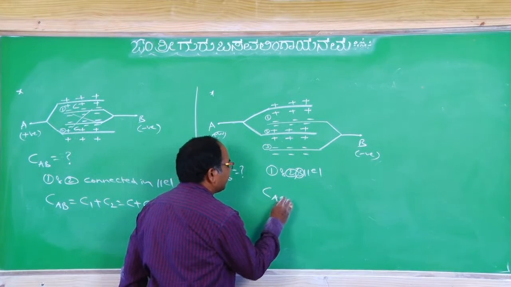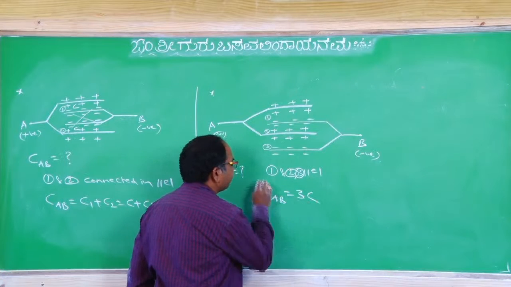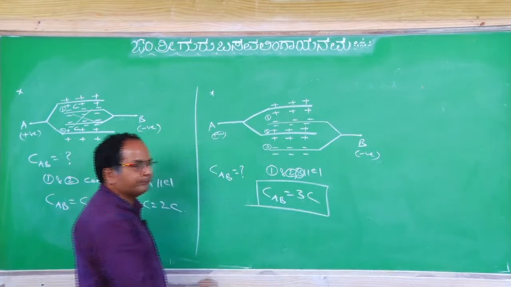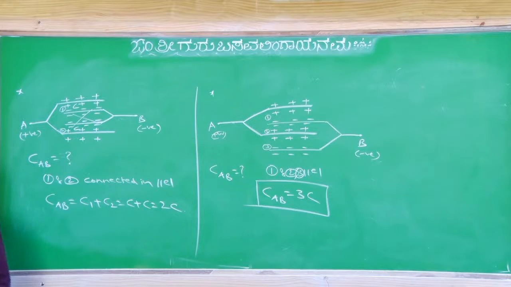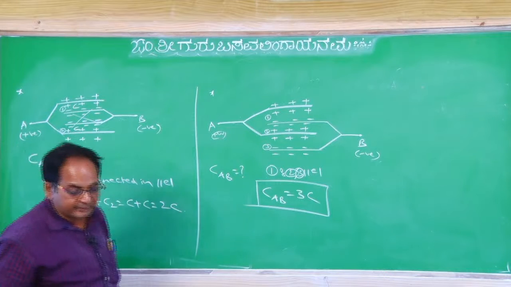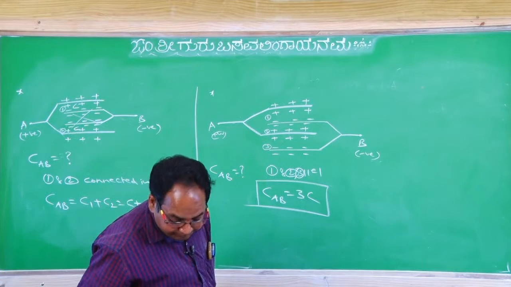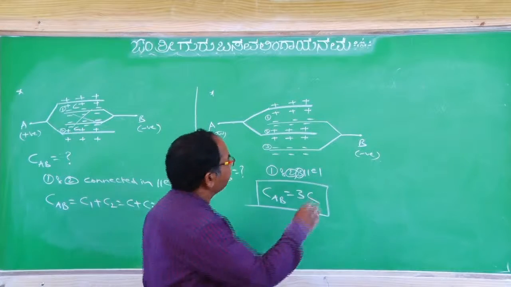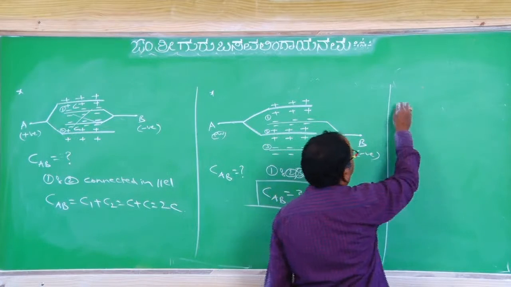So CAB is equal to what? 3C. Okay, now this one? Another one I will give.